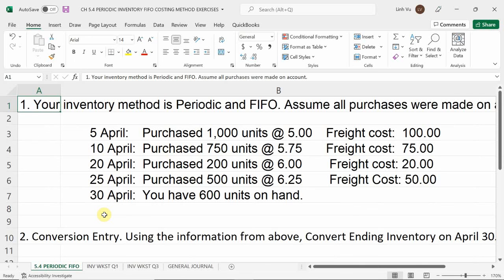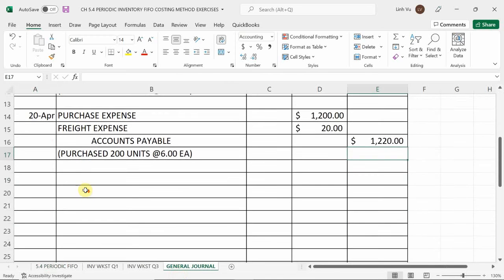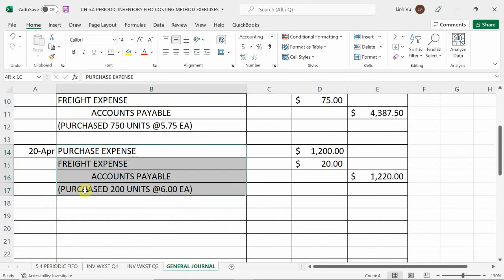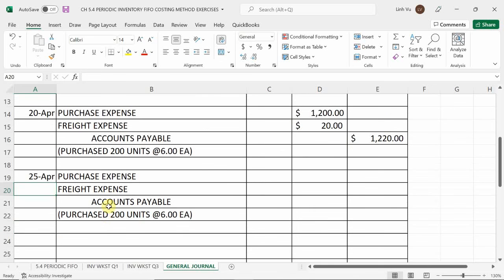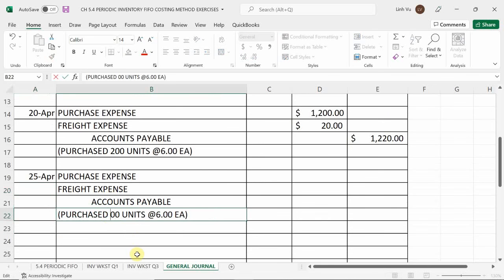freight costing $50. Okay, so last journal I need to plug in. April 25th, okay. This time I purchased 500 units at $6.25.